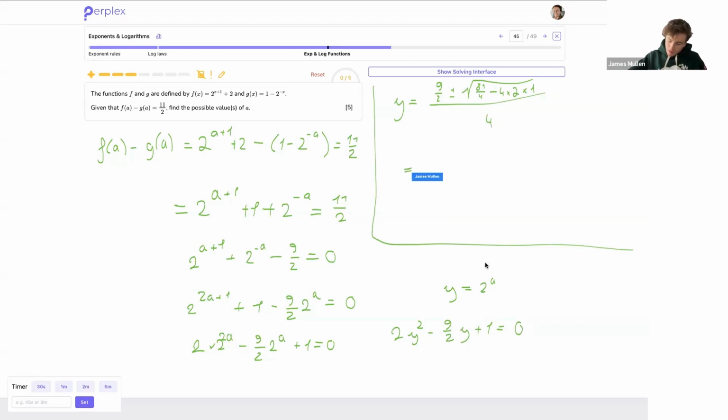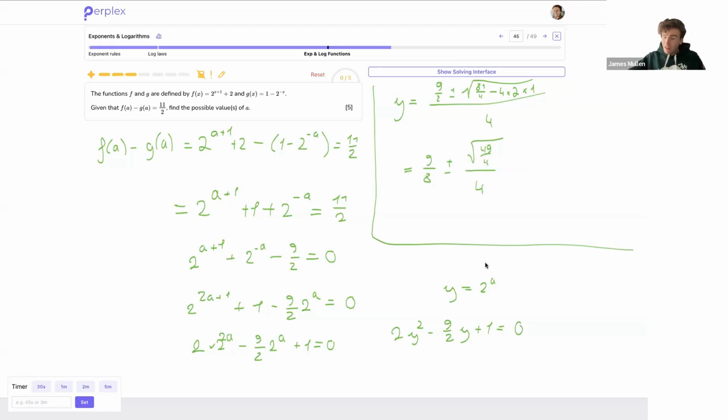Okay, so that's going to be 9 over 8 plus or minus. Now I have the square root of 81 over 4 minus 8. And 8 is the same thing as 32 over 4. So it's 81 minus 32 all over 4. And 81 minus 32 is 49. So this is the root of 49 over 4, all over 4.